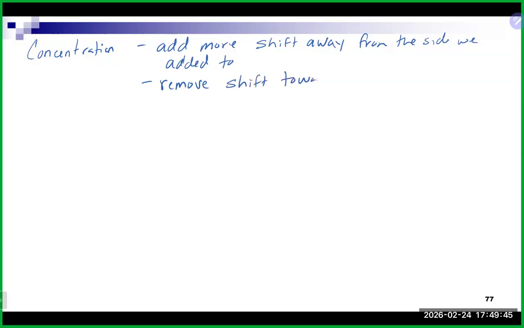And whenever we add more concentration, what always happens is it will shift away from the side we added it to. So a good way to remember that: add away is what will happen. The other thing that we could do is remove concentration. And when we remove concentration, it will cause a shift towards the side we removed it from.